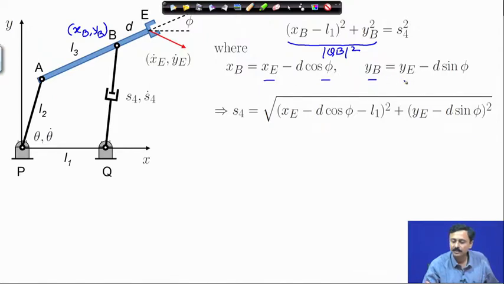Similarly, yb can be related to ye and phi. So, if you use these expressions, S4 can be related to xe and ye, but you also have phi. Now, phi, remember, is the orientation angle of the end effector.